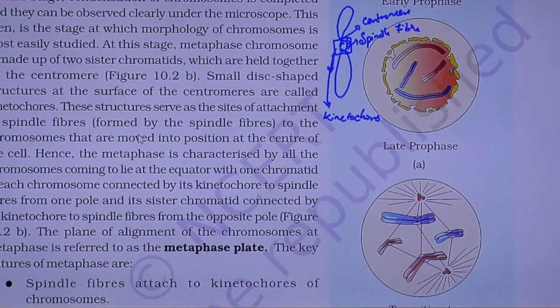So here the centromere has a small disc-like structure, and this disc-like structure is called the kinetochore. The spindle fibers are attached to the chromosomes, so that they can move into position. So this is metaphase.